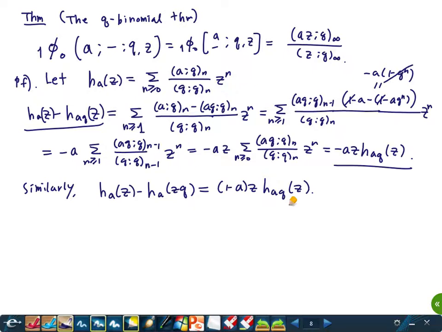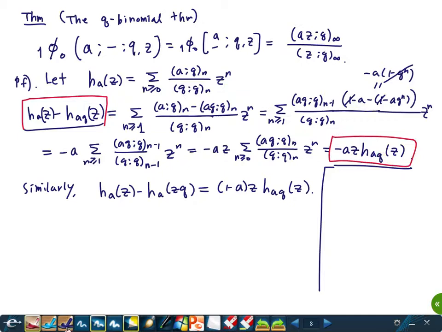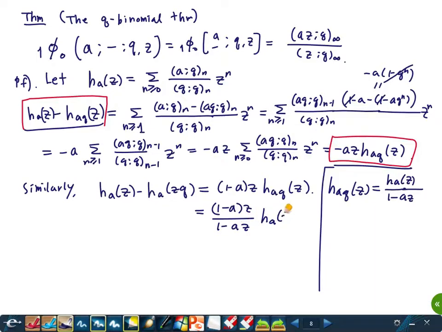Oh, yeah, actually, I forgot. From this, let's write this. This part is equal to this. We can simplify this to obtain H_{aq}(z), because they have the same term, equals 1 minus az. So this part is equal to 1 minus az, 1 minus az, H_a(z).